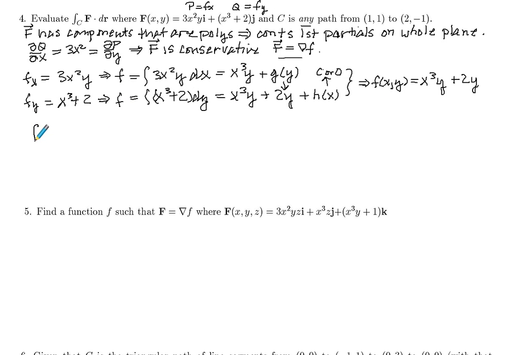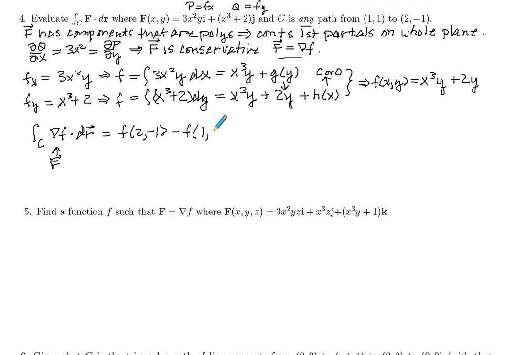So the line integral along C of the gradient of f dot dr, and the gradient of f is our vector field, because we know our vector field is conservative, is equal to the function value f at the ending point, 2, -1, minus f at the beginning point, 1, 1.